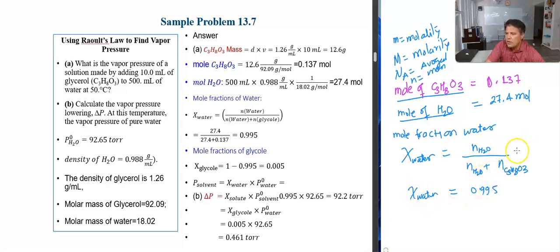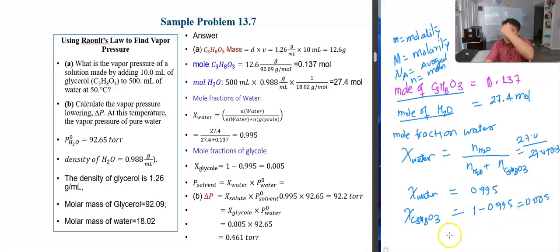That is n H2O, 27.4, divided by 27.4 plus 0.137, and that is equal to this. If we have the mole fraction of water, then the mole fraction of the glycerol, C3H8O3, is equal to 1 minus 0.995, that is equal to 0.005. Because it is binary, that's why 1 minus.